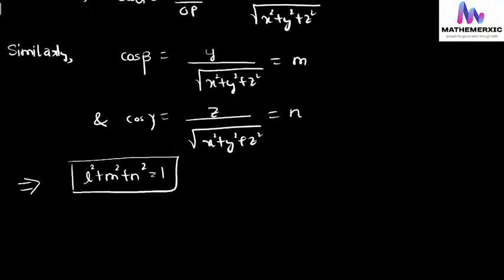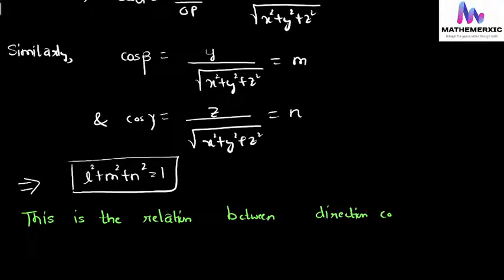It's a very, very important relation between direction cosines. So a very important conclusive relation is there, and now we can work on this 1.6.